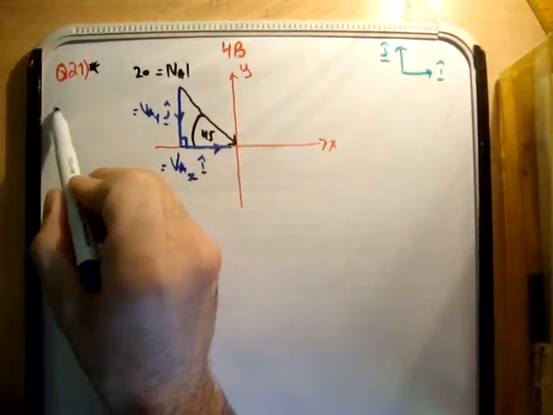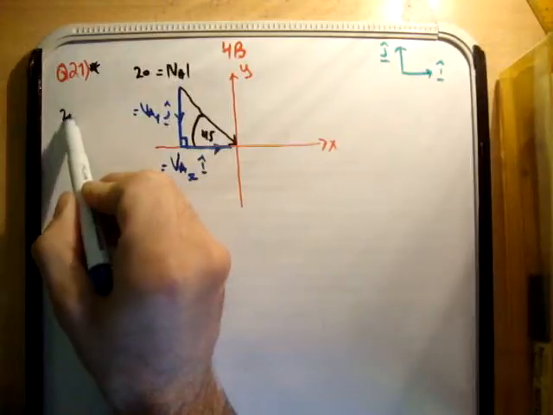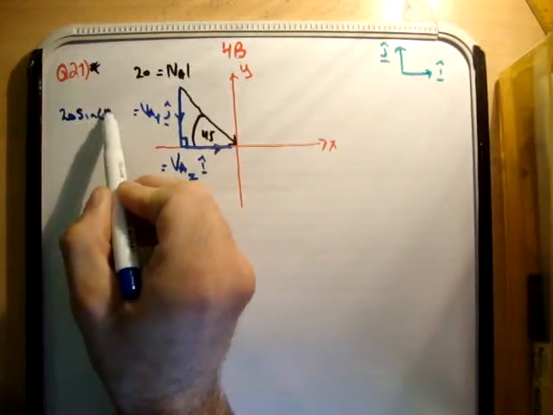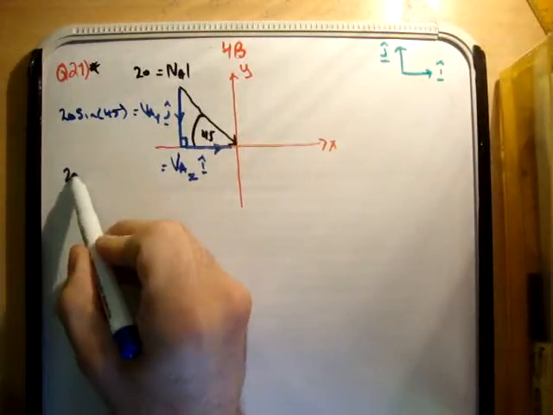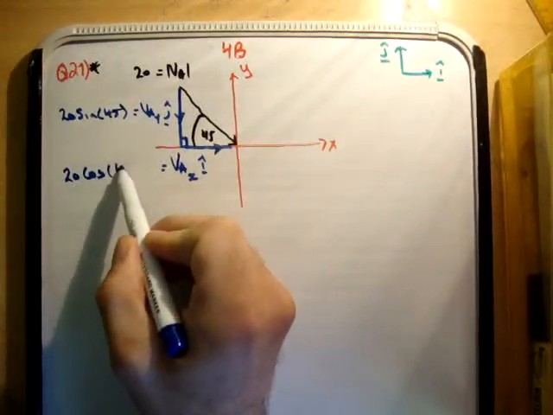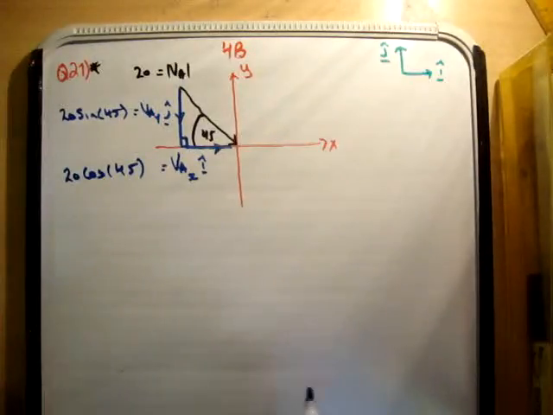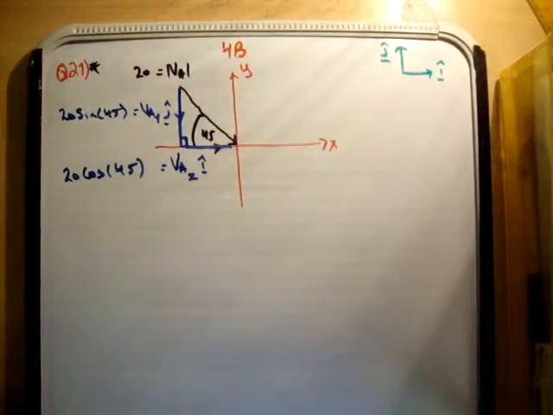This is going to be equal to 20 times the sine of 45, and this is going to be 20 times the cos of 45. And the sine and cos of 45 are 1 over root 2, so it's going to be 20 over root 2 for both.